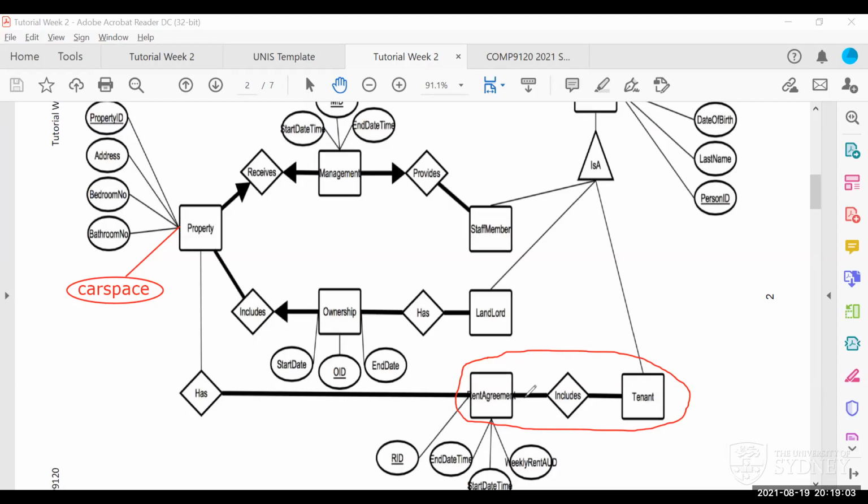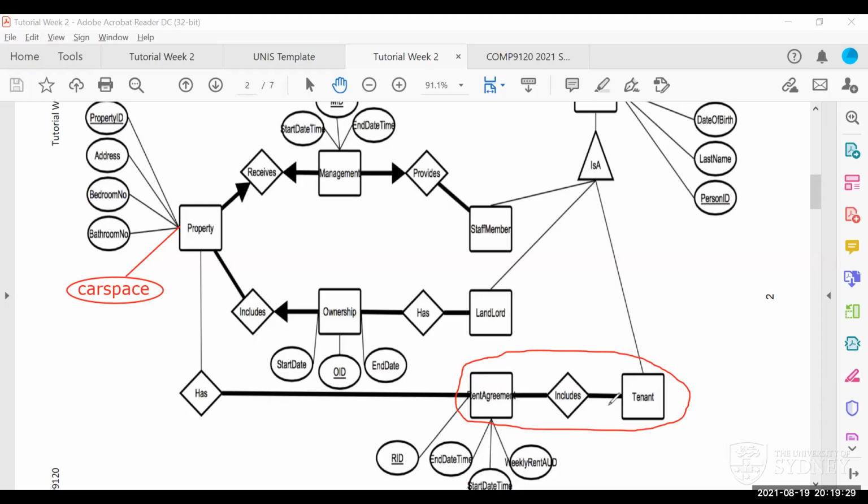It can be more. So the other way around, when we read from tenant to rental agreement, a tenant is included in one or more rental agreements. It is possible that a tenant rents multiple places, right? So the same tenant can be included in at least one, but can be included in many rental agreements.